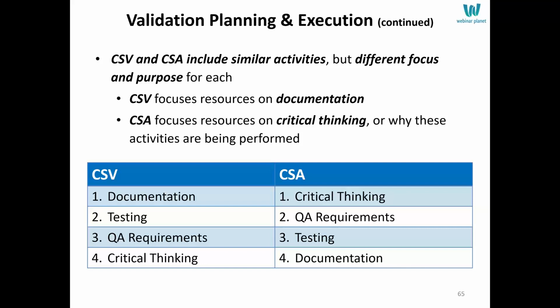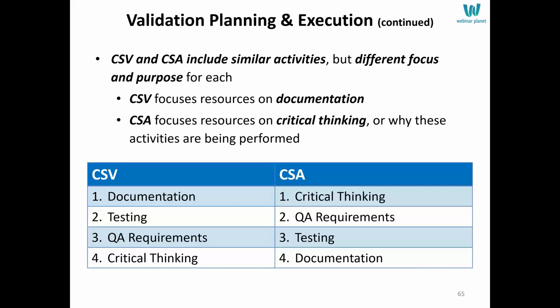So CSA focuses on critical thinking first, then quality testing, and the documentation is really the end game of proving you did what you said you'd do. With CSV, everything's focused on documentation and deliverables. Deliverables drive the process, and very rarely do people use critical thinking when they're doing this.